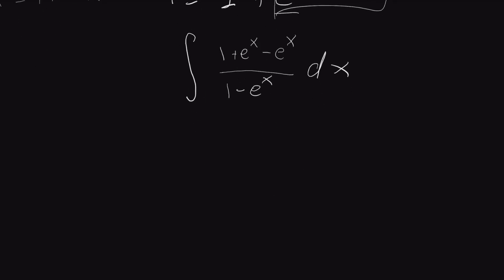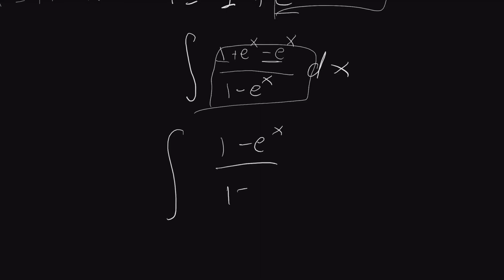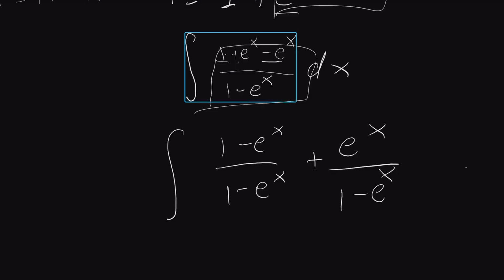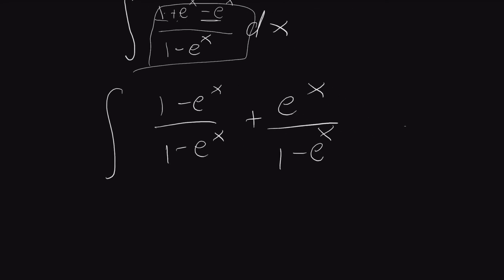Basically, we can separate this fraction into 1 minus e to the x divided by 1 minus e to the x, plus e to the x divided by 1 minus e to the x, because if you add those fractions together, it's once again 1 minus e to the x plus e to the x. And of course, let's not forget the dx right here.